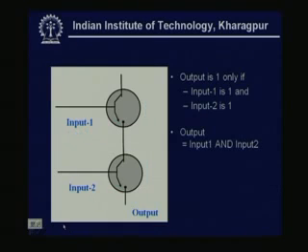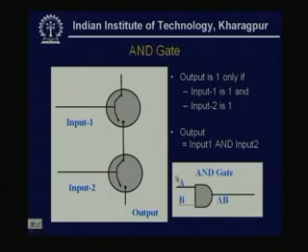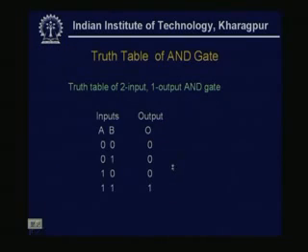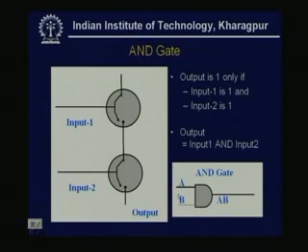So how do I represent that? I can represent this circuit by this notation. This is normally called the AND gate.